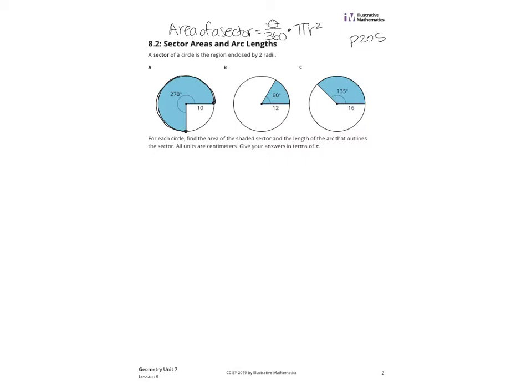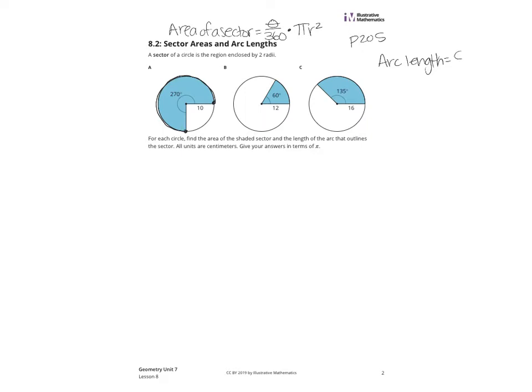So I'm going to use something similar to find my arc length. So arc length is done the same way. I need to know what portion of the outside of my circle I'm trying to find. Am I trying to find the length of half my circle, a fourth of my circle? Is the arc 2/3 the length of my distance around my circle?